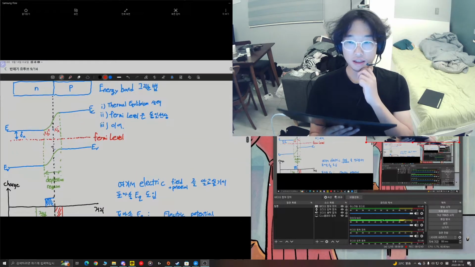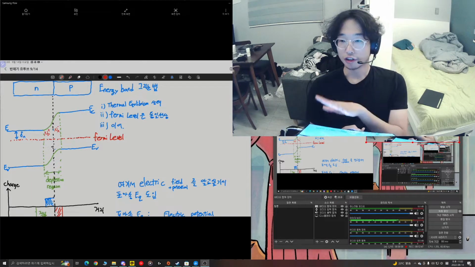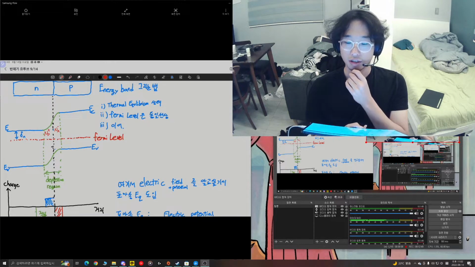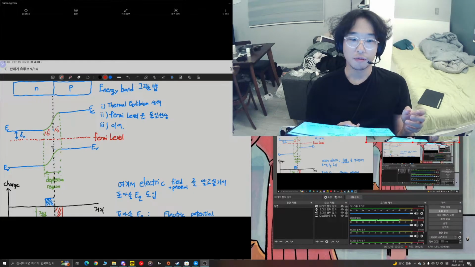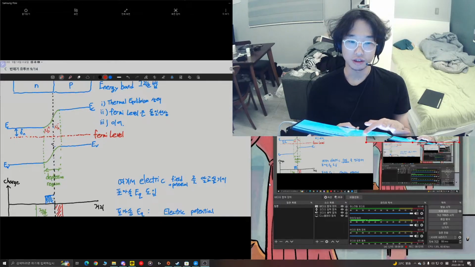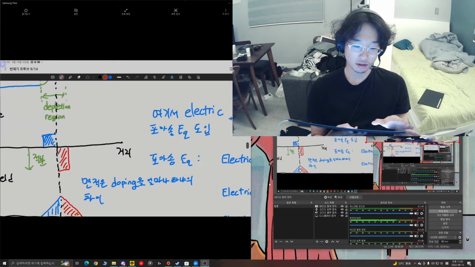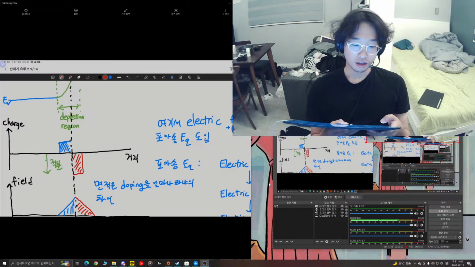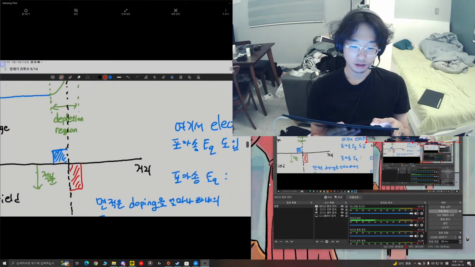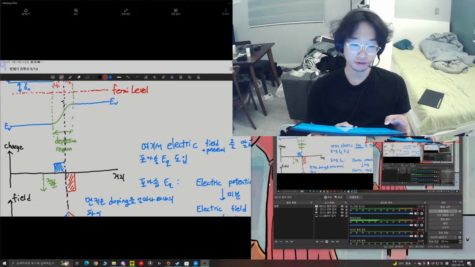To understand the electric field and the electric potential, we have to use the Poisson equation. Firstly, we can draw the charge for the P and N type junction.